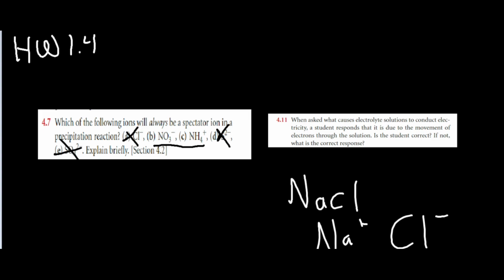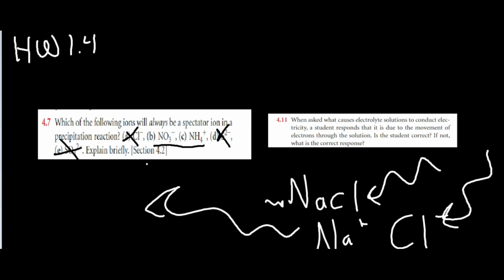It's not necessarily that they move around, it's just that there are ions, things that hold charge that are free. That carries an electric charge, which can conduct electricity because it moves through just fine. But if you just have solid NaCl, electricity is going to hit it and nothing's going to happen. But if you put an electric bolt through the solution, it's going to come out just fine. So yeah, that's 7 and 11.